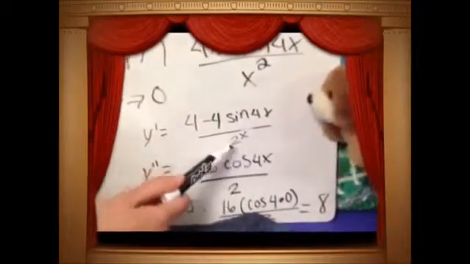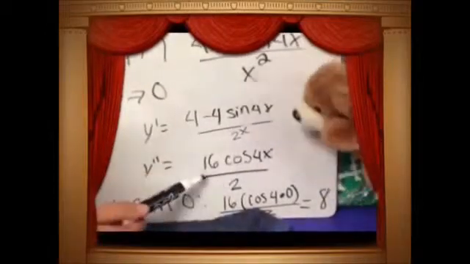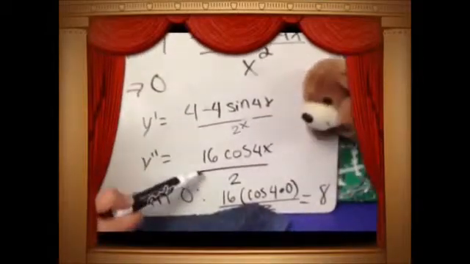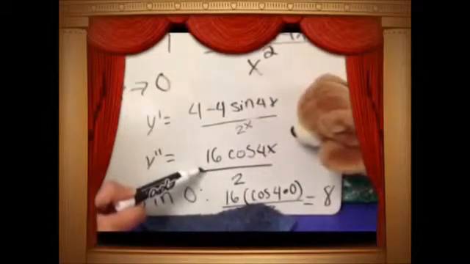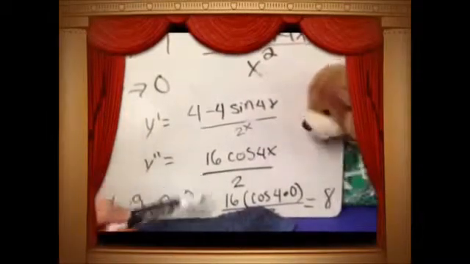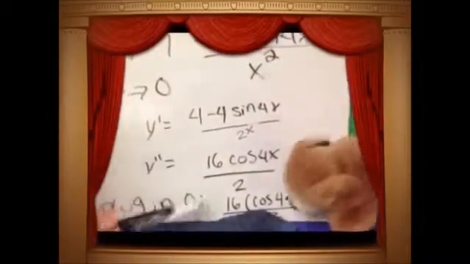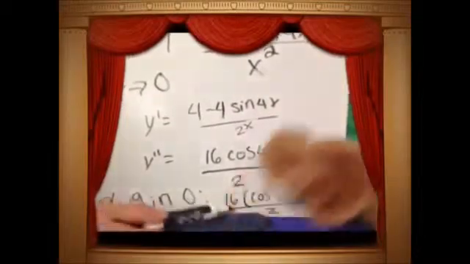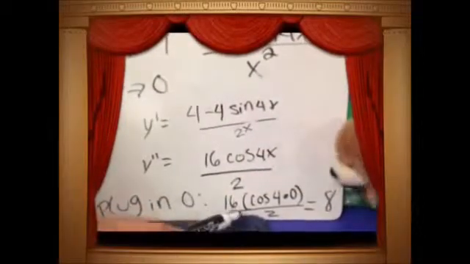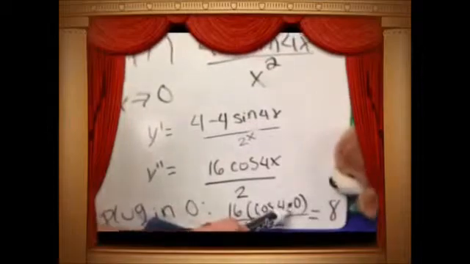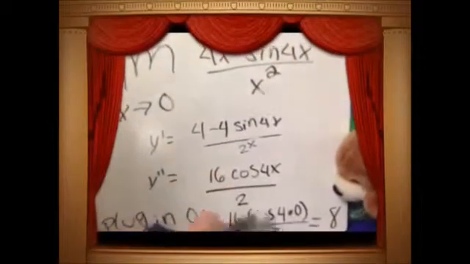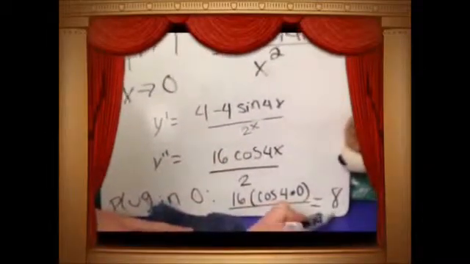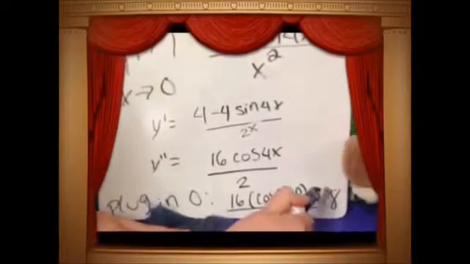Therefore, you can use L'Hopital's rule again to simplify further. When you take the second derivative, it will be 16 cosine 4x over 2. Here you can plug in 0, and it will equal 16 times cosine of 4 times 0 over 2, which will equal 8, and that will be your limit.